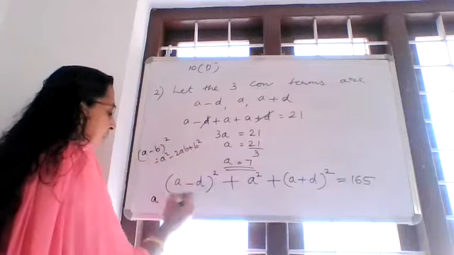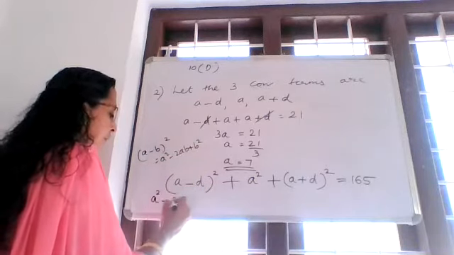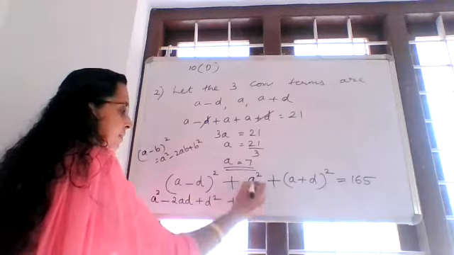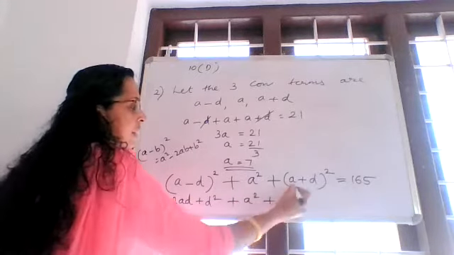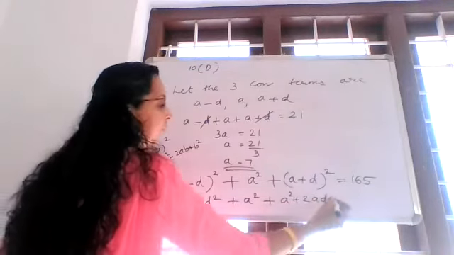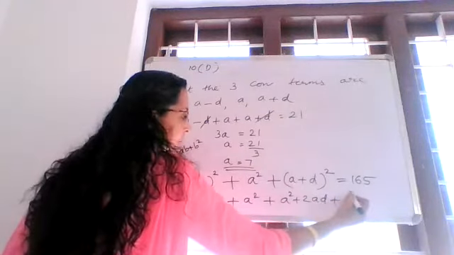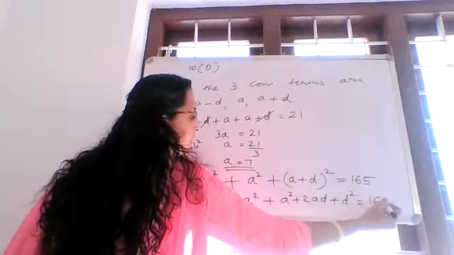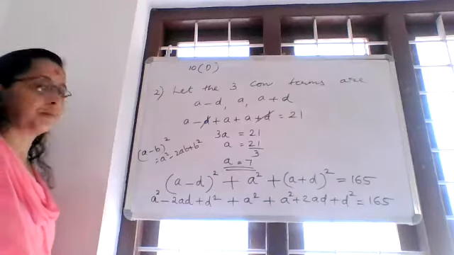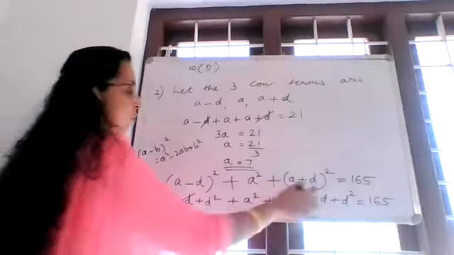So how can we write this? (a minus d) whole square is a square minus 2ad plus d square. Then plus a square, plus (a plus d) whole square, which is a square plus 2ad plus d square, is equal to 165. Anything to cancel here? 2ad cancels.